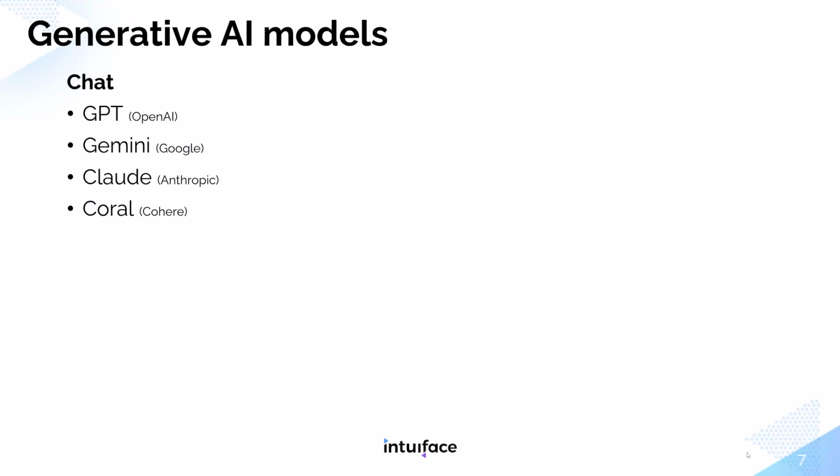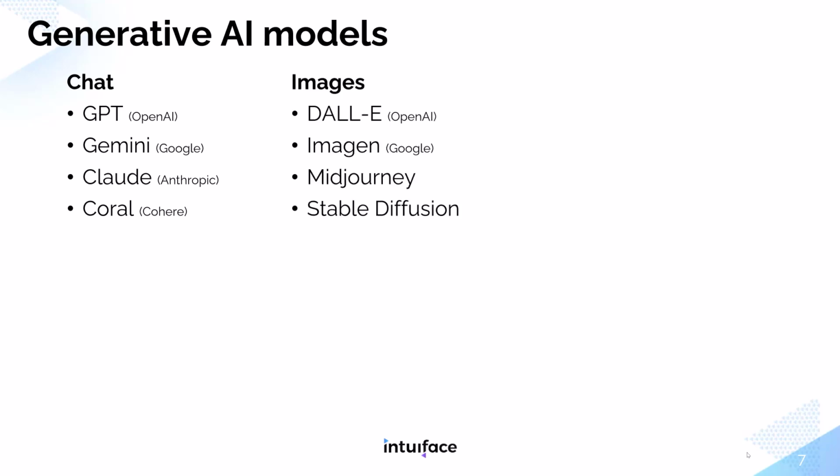But it's not the only generative AI model for chat, for answering questions. There's Gemini from Google, Claude from Anthropic, Coral from Cohere, and XAI with Elon Musk, it's Grok. So there are all these different generative AI models, many of which expose web APIs, which means you can use them in Intuiface. That's how we do it with GPT, which I'm going to show you in a moment.